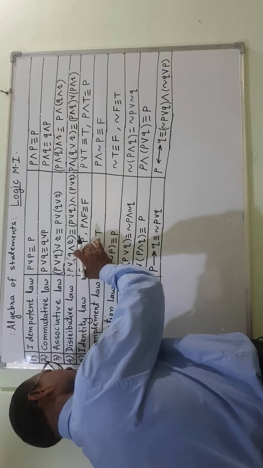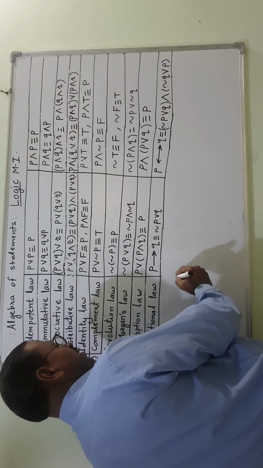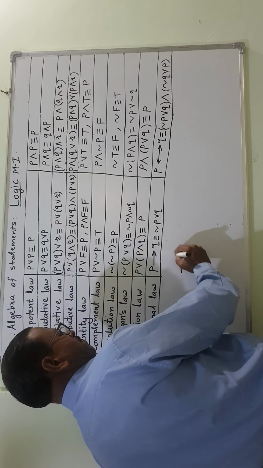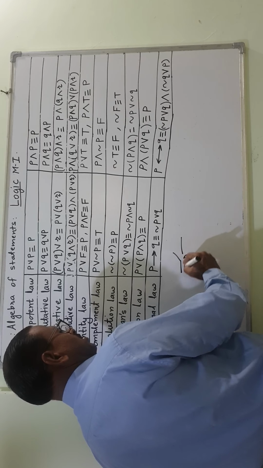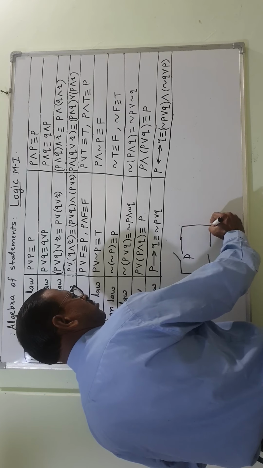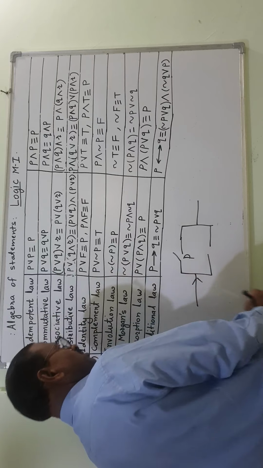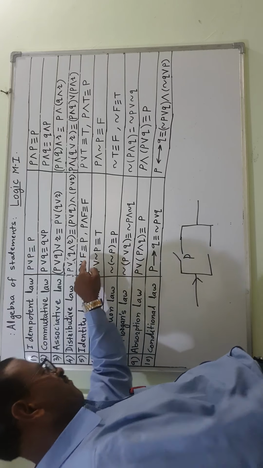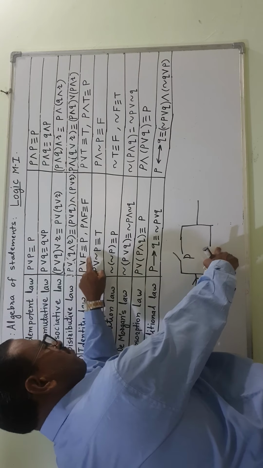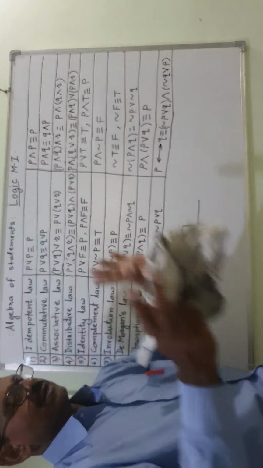I will try to construct this and this circuit. P OR. This is my P. OR. This is OR. What is this? This is a permanently false switch. False switch means wire is cut. There is no switch. This wire is open totally.